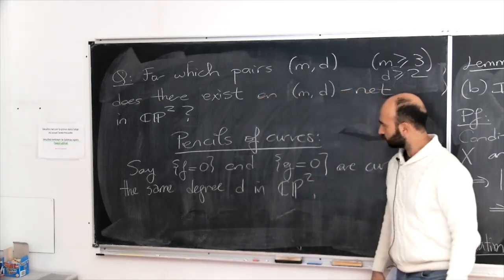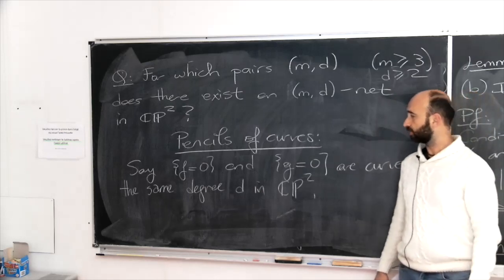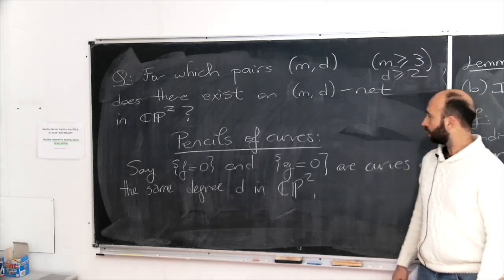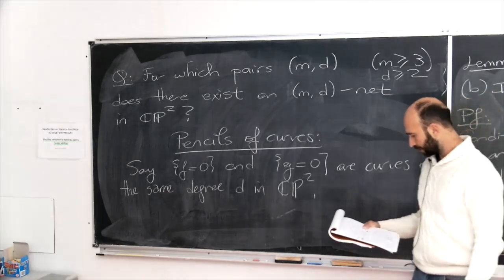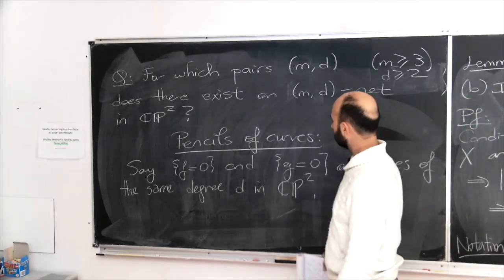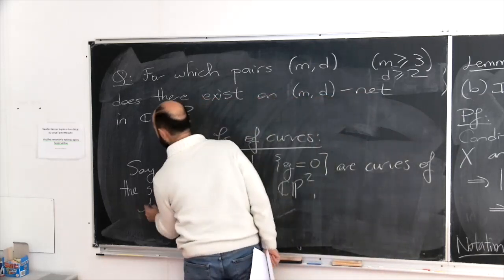Let's assume that there is no common component, so no common divisor of the polynomials. Therefore, these meet at finitely many points, okay?